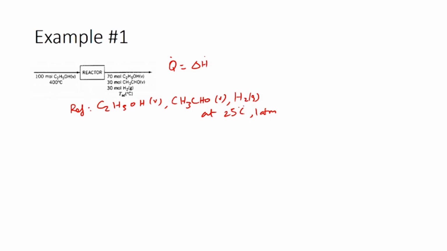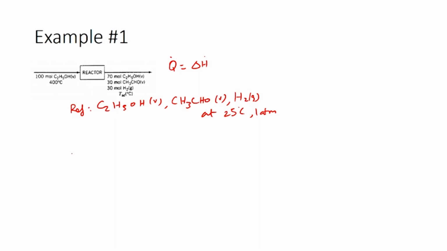Again, please remember that when I say reaction, I am talking about the equation and not the process itself. Obviously, in the process ethanol is coming in at 400 degrees Celsius and it is leaving at a temperature of T degrees Celsius. We are interested in using the heat of reaction, which is the standard heat of reaction, therefore we are using these values at 25 degrees Celsius.